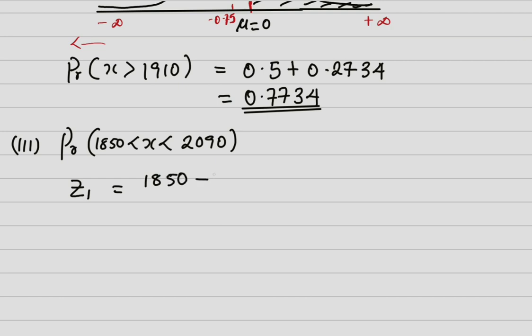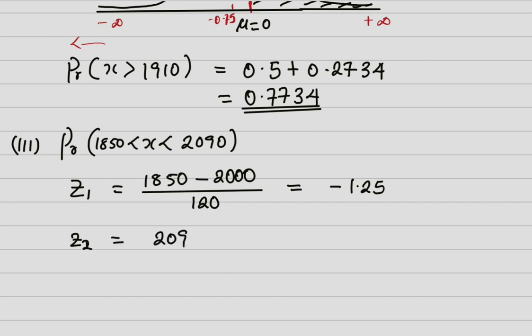So you have 1850 minus 2000 all over 120 hours. Doing this will give me minus 1.25. Then z2 will be 2090 minus 2000 all over 120, and doing this will give me 0.75. Now, to really understand what you need to do, you have to go to the curve, you see what it meant, then you will find the area and know the next step to take.